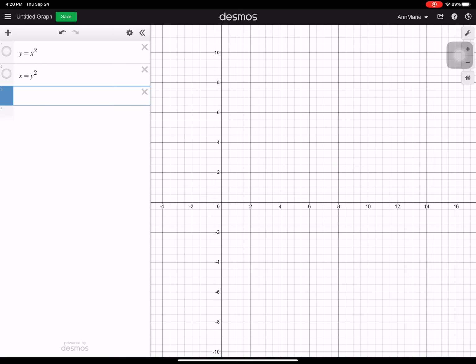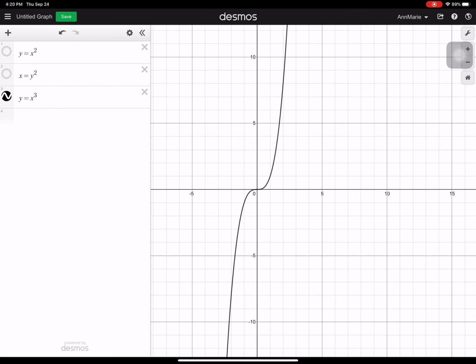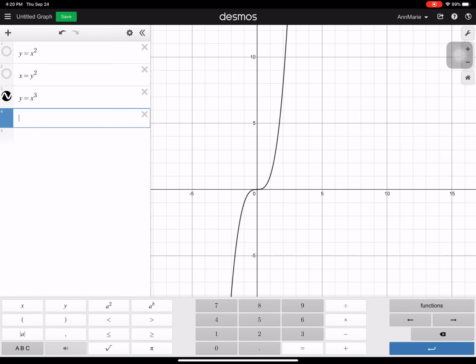Now let's look at y equals x to the third. Yes, this function is symmetrical about the origin. Now, in order to make this one make sense, we have to talk about folding along the lines y equals x.